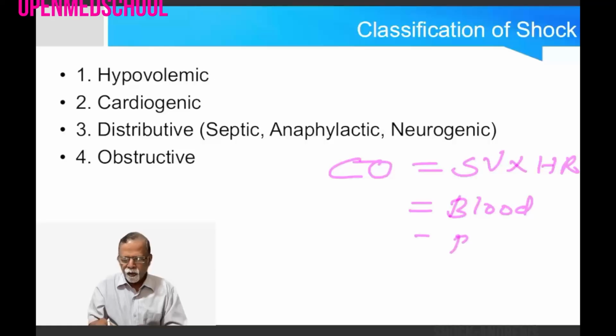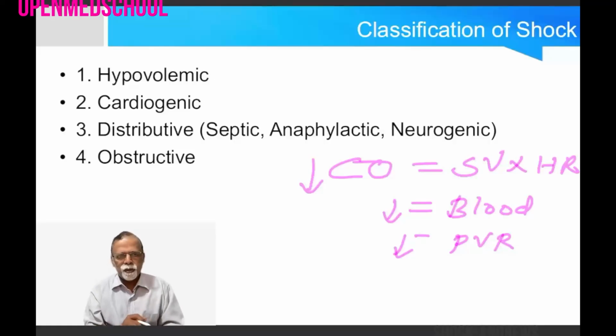Second, the peripheral vascular resistance. So if any of these decreases, that is the cardiac output decreases, the blood volume decreases, or the peripheral vascular resistance decreases, we can develop shock. So based on this, you divide the shock into various types.